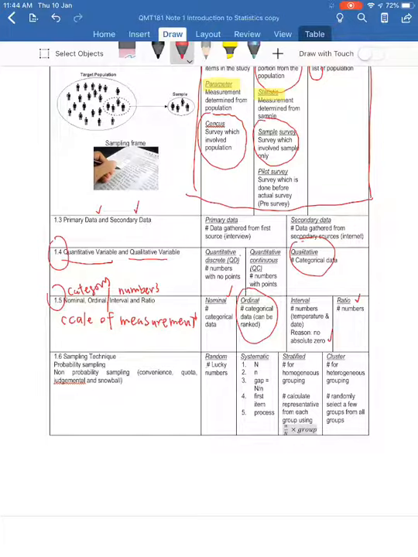Now come to sampling technique. There are 2 types of sampling technique: probability sampling and non-probability sampling. These four are probability sampling: random sample, systematic, stratified and cluster.